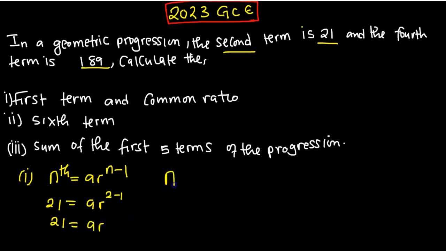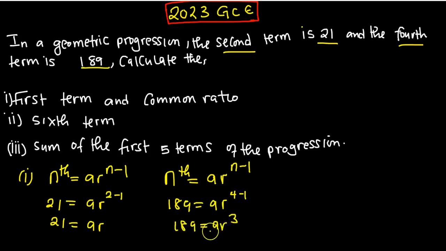Then for the other part, the nth term, this time around we are looking at the fourth term. So that is term number 4, a r^(n minus 1). Okay, so it is given as 189 equal to what? The first term is not given, r. This is position 4, so 4 minus 1, which is 189 equal to a r to the power 3.